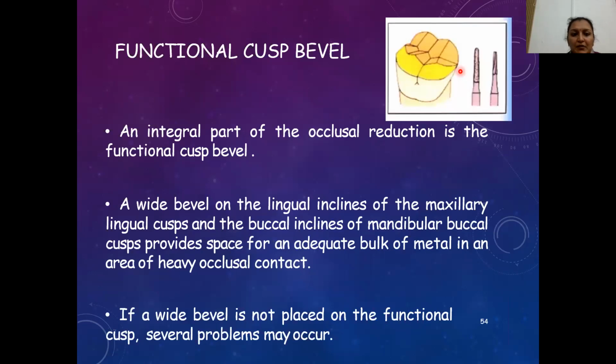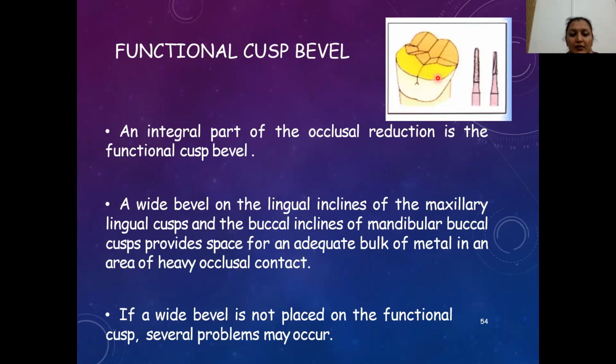Now, functional cusp bevel. An integral part of the occlusal reduction is the functional cusp bevel. A wide bevel on the lingual inclines of the maxillary lingual cusps and the buccal inclines of mandibular buccal cusps provides space for an adequate bulk of metal in an area of heavy occlusal contact.